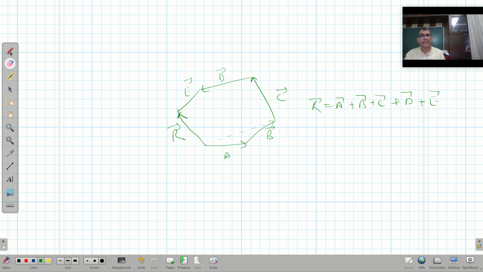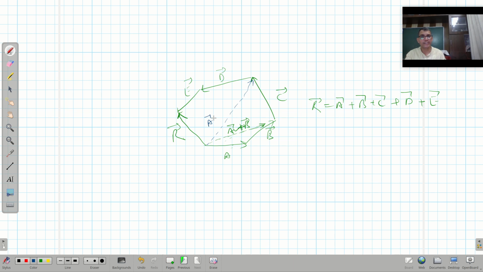Because if I take A and B and say it is the third side, taken in this order, then this vector is basically the sum of A and B. So that means this is represented by A plus B. So this is one vector and this is another vector, and these are also in the same order. So that means now this vector is basically the sum of this vector and this vector.